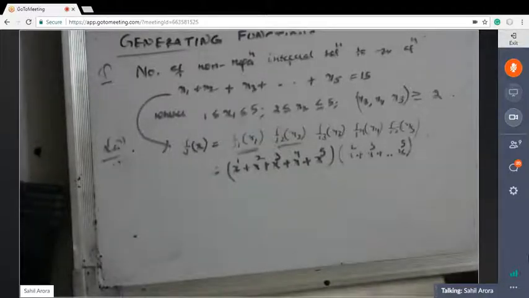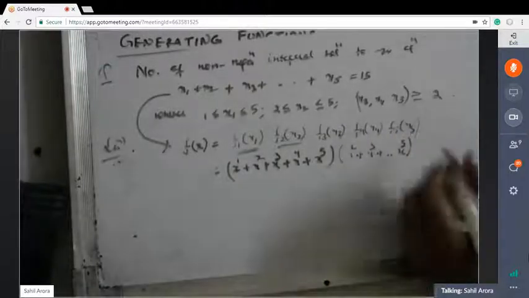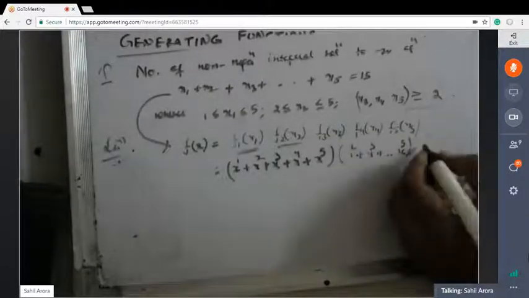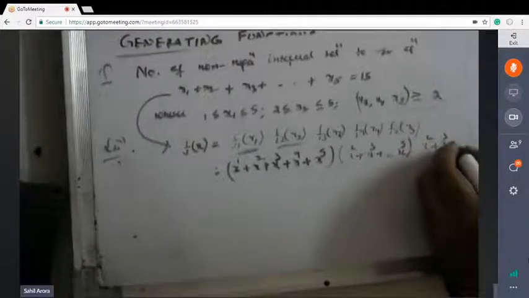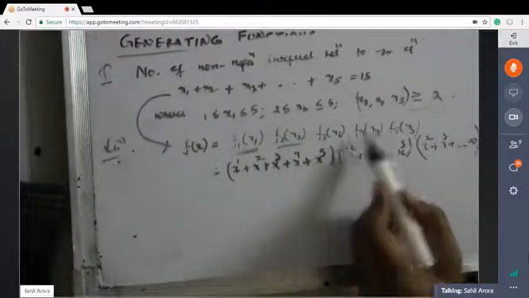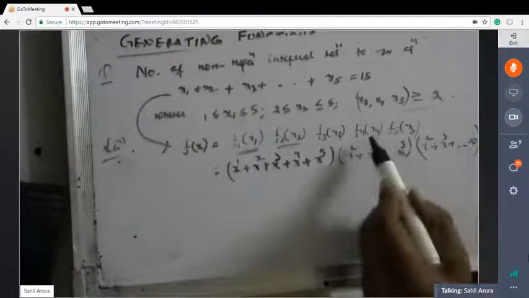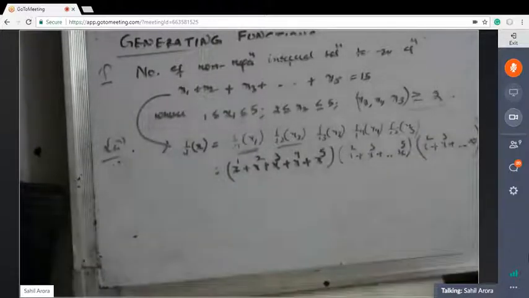Although we cannot take infinite, definitely they can take infinite value, because nothing is mentioned. So we say x squared, x cubed, and so on up to infinite. This is for f3, f4, f5, so we cube it, right?